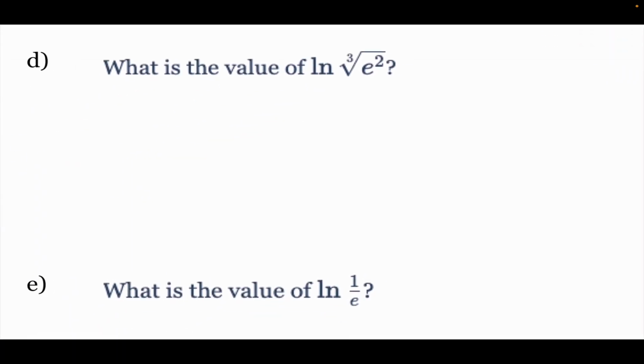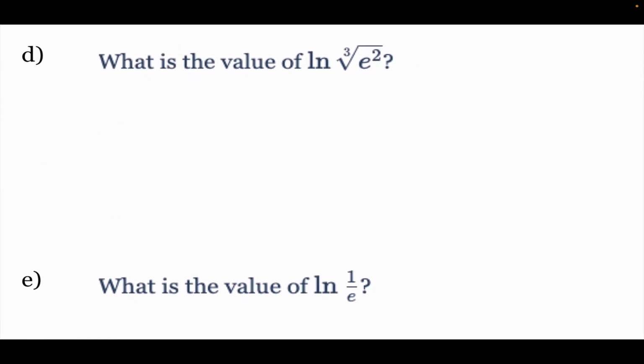All right, a couple more of this type. Now we got a root. So this one, I'm going to change it. Everything else stays the same. So log with a base of e, and then it's the 3rd root of e squared.